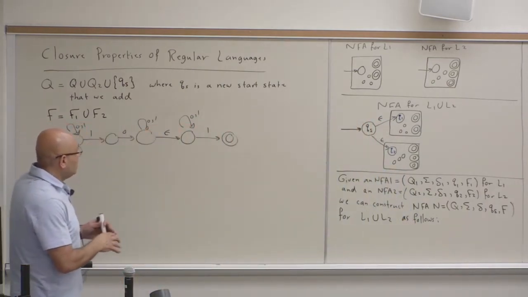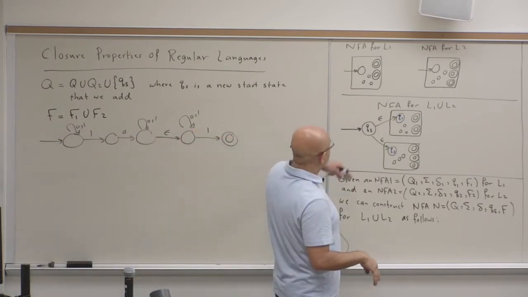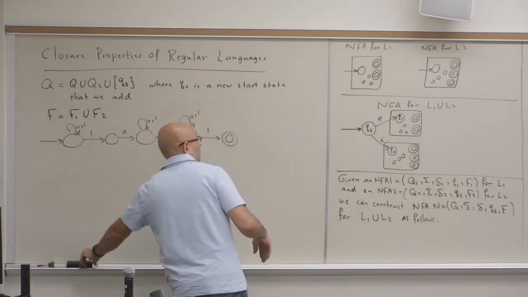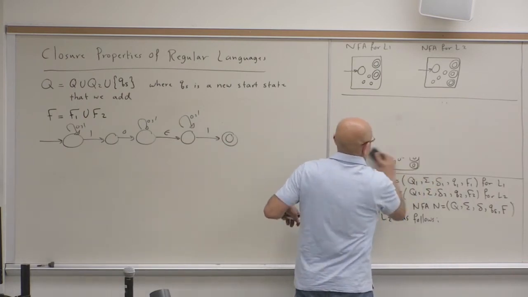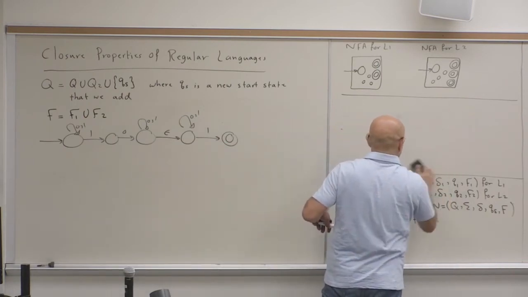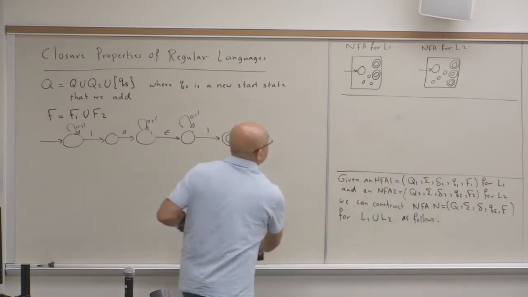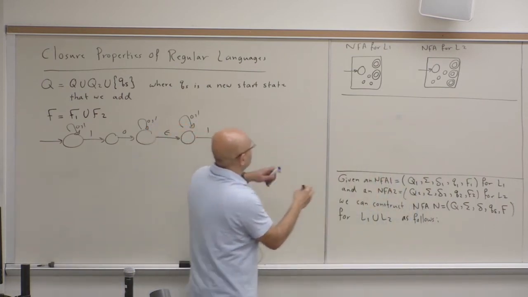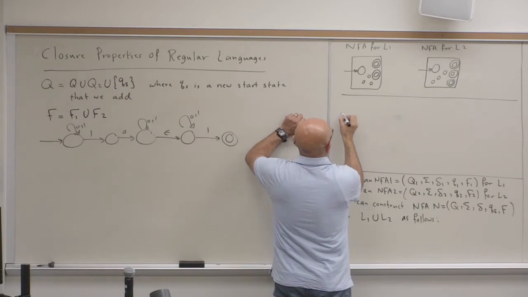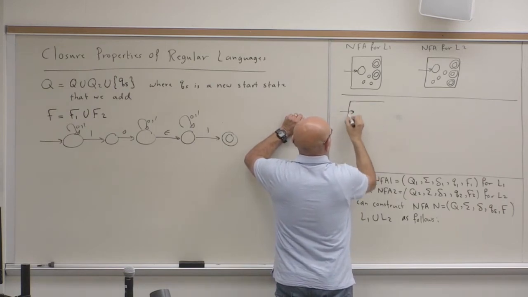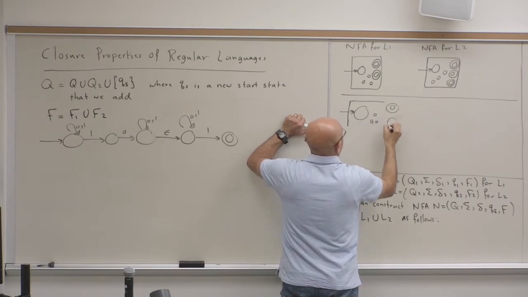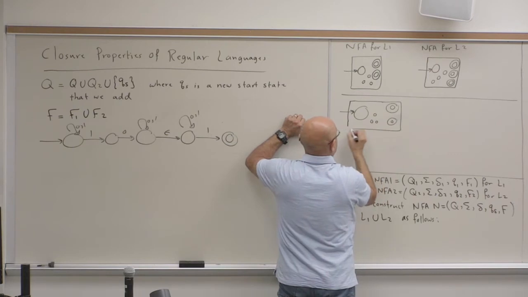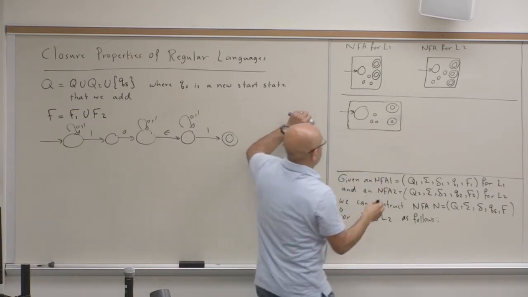Okay? Now, let's do it in general. So let's do the sticking or the linking graphically. So this is the NFA for language 1, and I'm going to connect it.